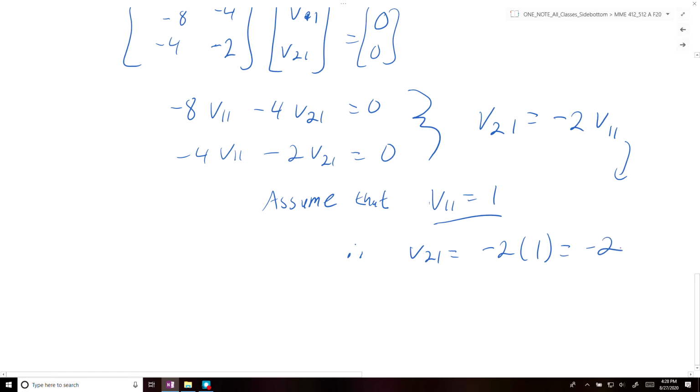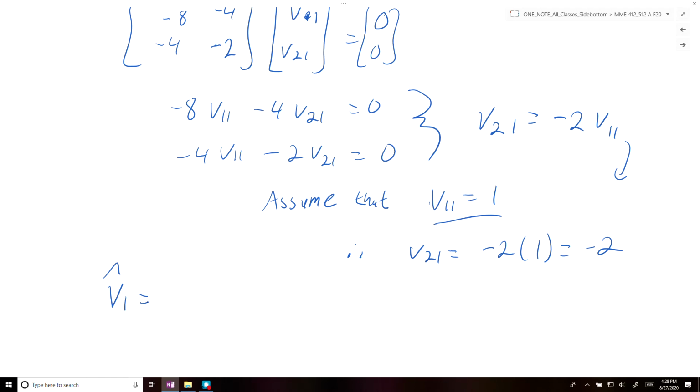We know that an eigenvector has to have a magnitude of 1.